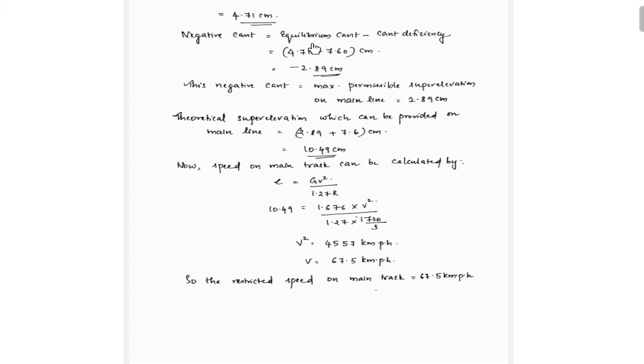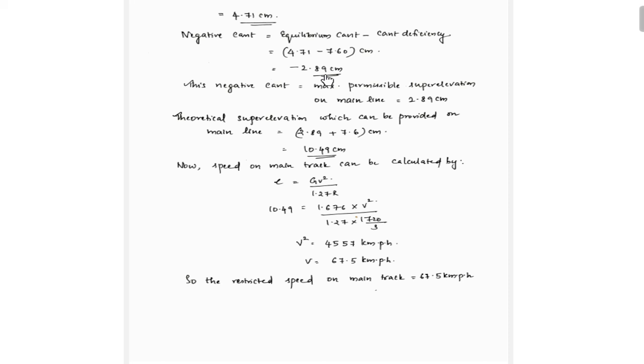So you can understand now from here, the equilibrium cant value is 4.71, cant deficiency value is 7.60. When you subtract this value, you will be getting a negative value, and that is minus 2.89. This is the cant to be provided in the branch track.